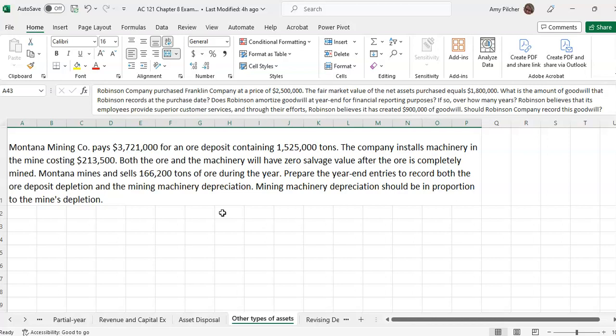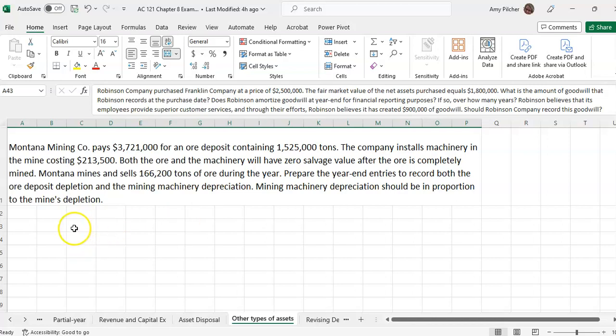We installed machinery in the mine, and then neither one of them has any salvage value. And we recorded and sold 166,200 tons of ore during the year. So we want the year-end entries to record both the ore deposit depletion and the mining machinery depreciation.